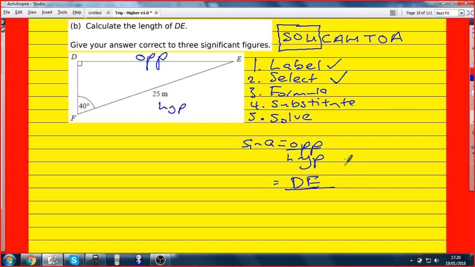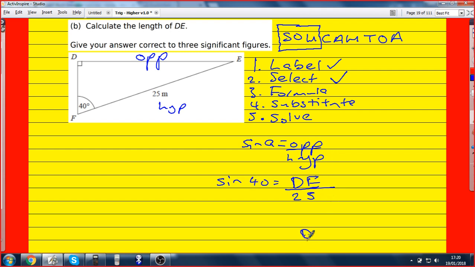Over 25 meters. And what goes on the left side? We first have to sub in. So is it 40? Yeah, sine 40, sine of the angle.